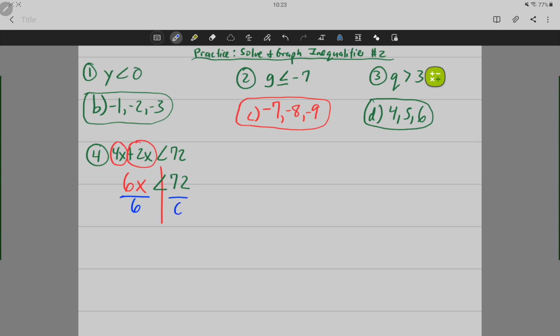So do the same to both sides. 6 divided by itself is 1. Goes out. Bring down our variable x. Bring down our less than symbol. And 72 divided by 6 is 12. So x is less than 12. Choice A.